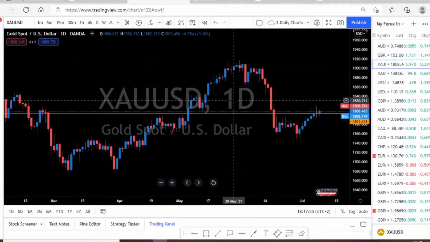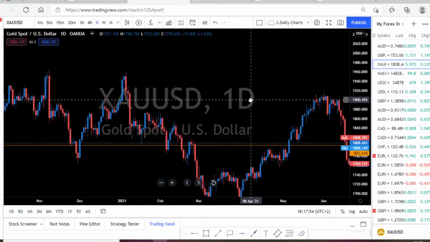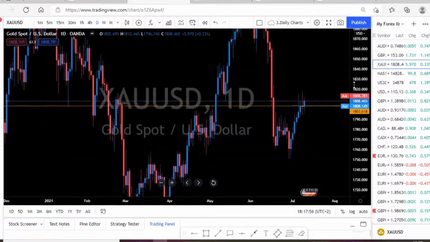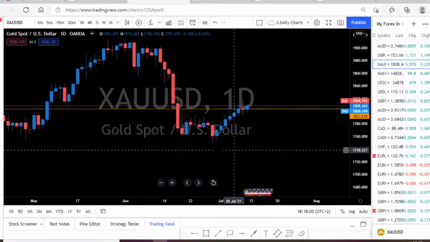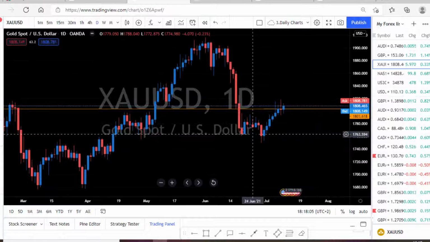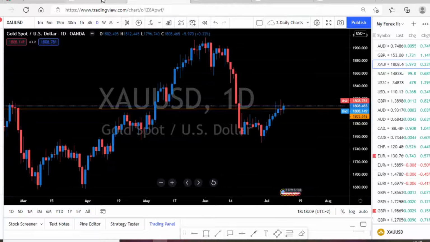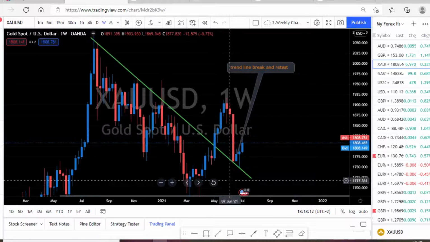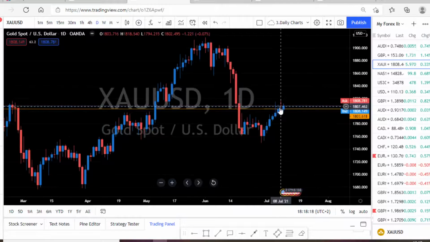Based off daily, I changed this one on Friday. Just to get others on track who are lost, this leg is just a pullback. This area right here is that retest, and this is where we are.